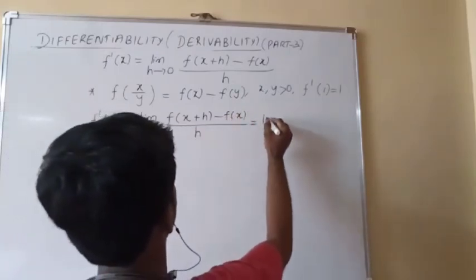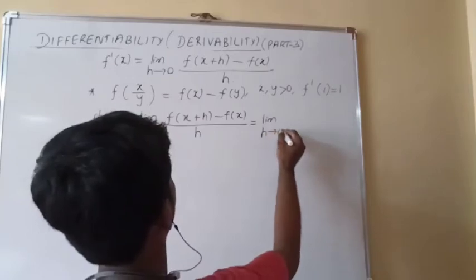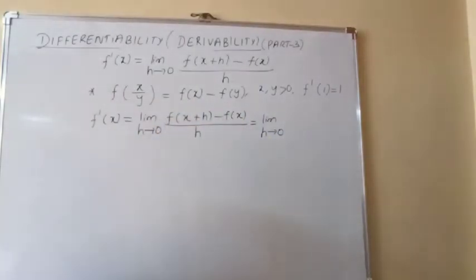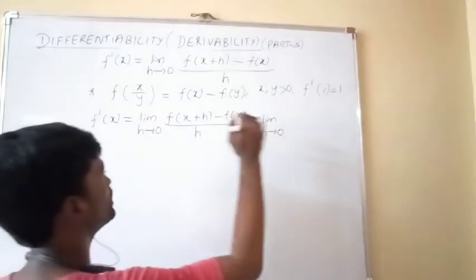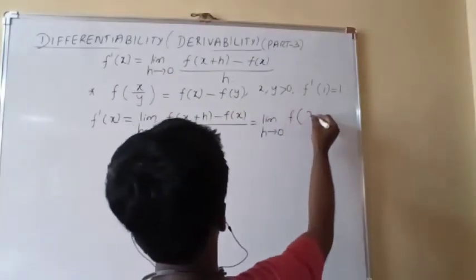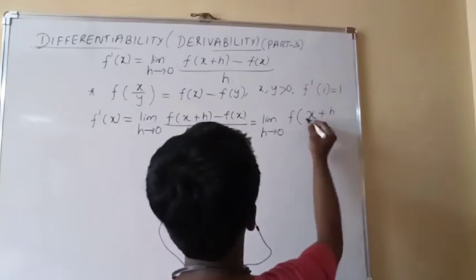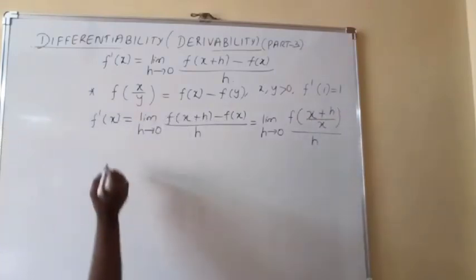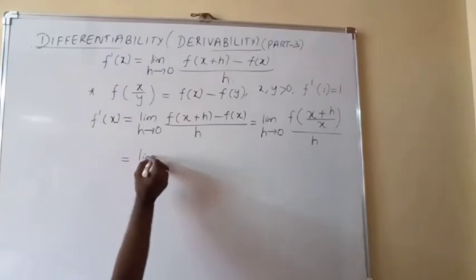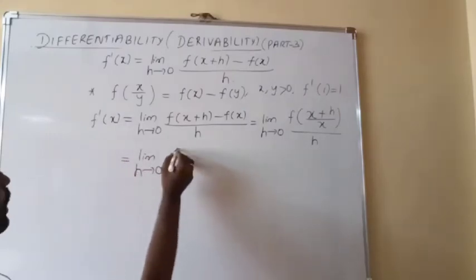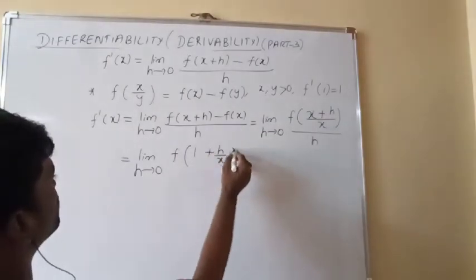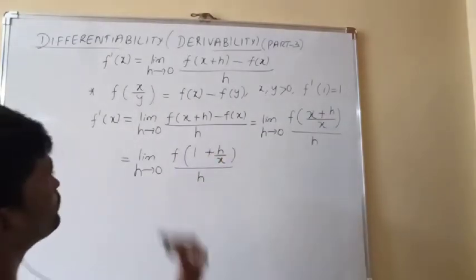Now you can use the condition, f x minus f y is equal to f of x by y. Like that, f of x plus h minus f of x, we can write f of x plus h by x. So further this can be written as limit h tends to 0, f of 1 plus h by x divided by h.